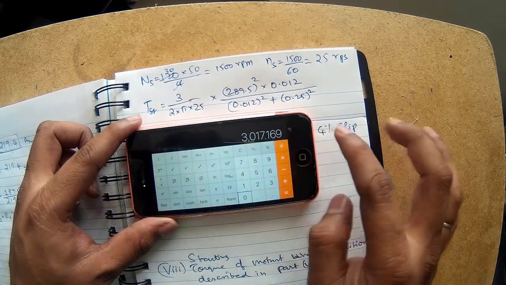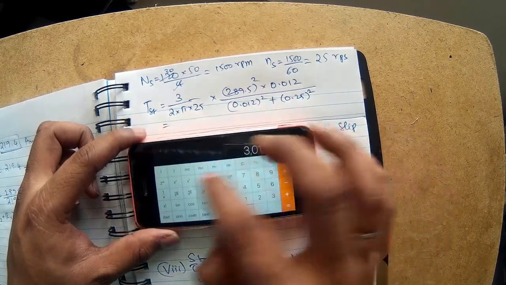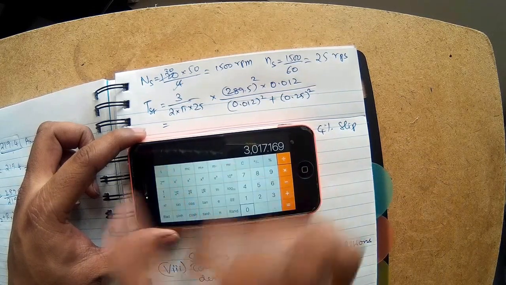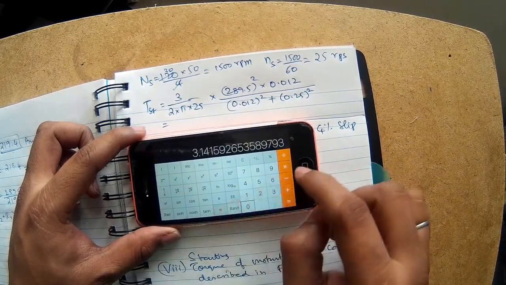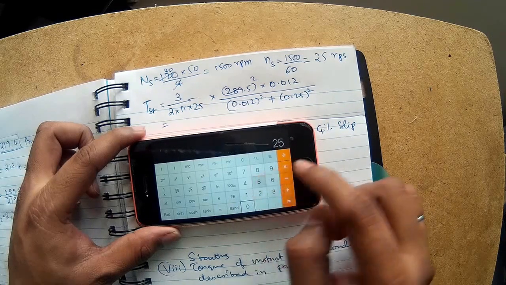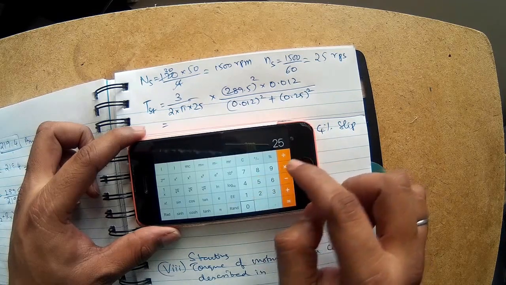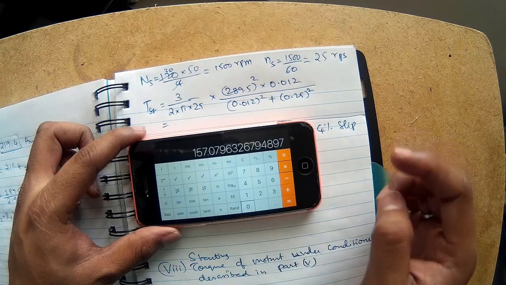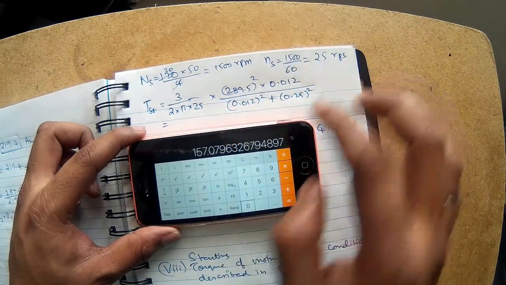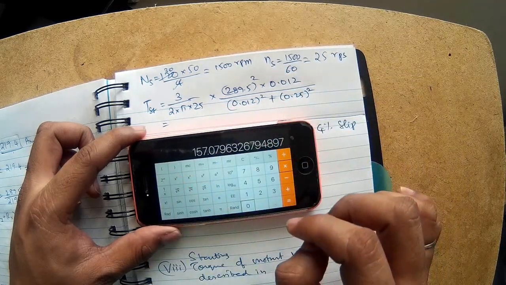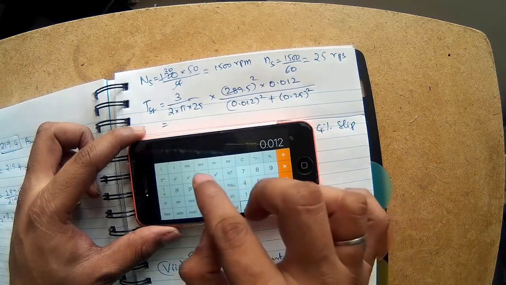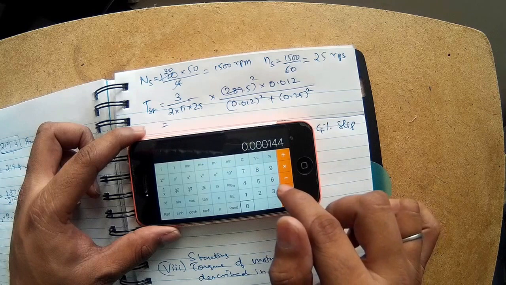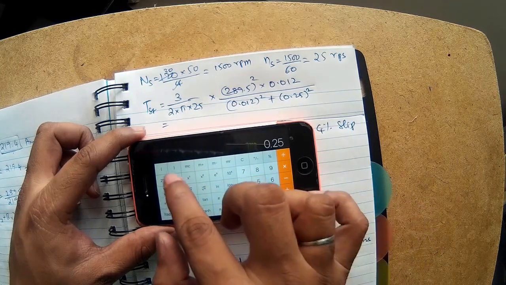So this is the entire numerator, divided by, I open brackets, 2 into pi into 25, into, so this is the entire product, so I open one more bracket, 0.012 square plus 0.25 square.